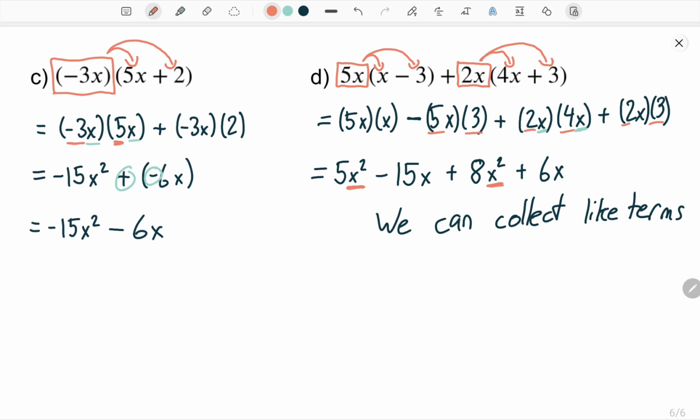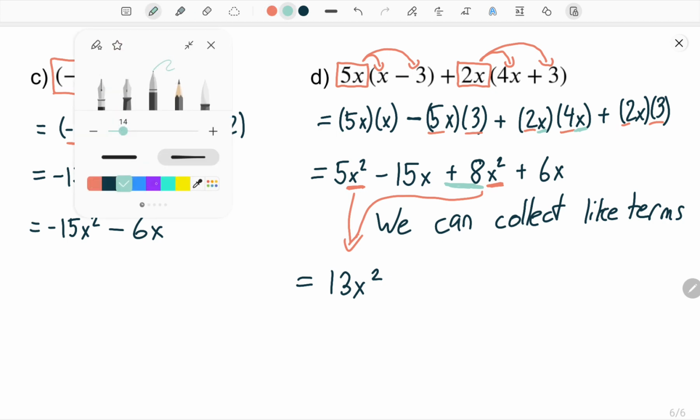And we do have that with the 8x squared. So when we're combining like terms, we just need to remember we're just combining the coefficients. So since it's 5x squared at the front and plus 8x squared, so don't forget about the sign in front of that number, that's going to be 5 plus 8, which is 13x squared. I'll just draw arrows to indicate where that's kind of coming from. So those two together.